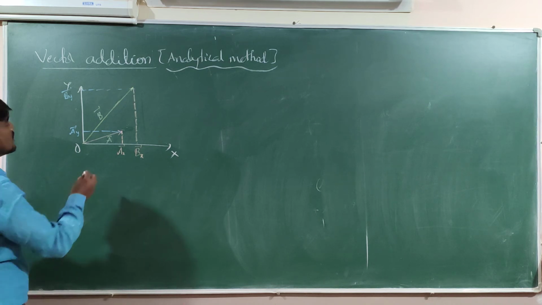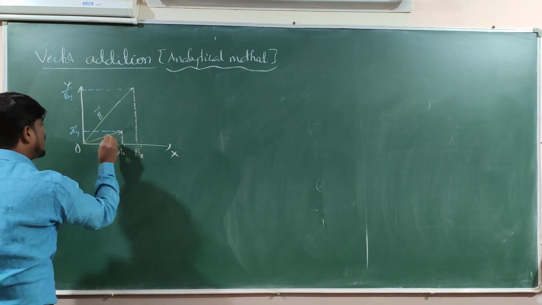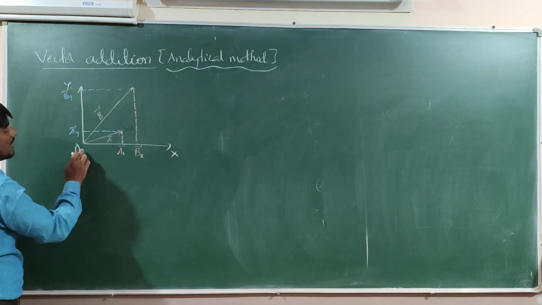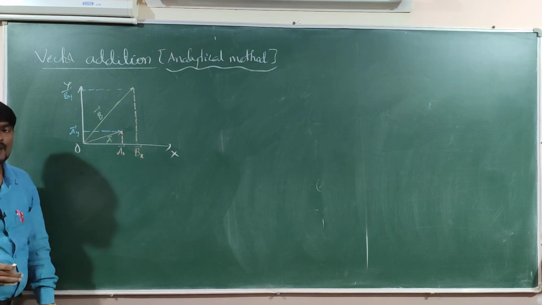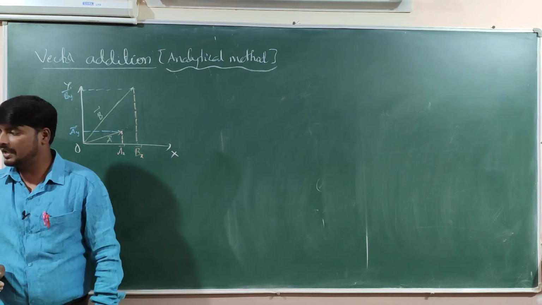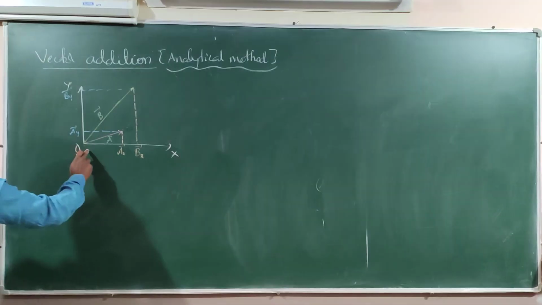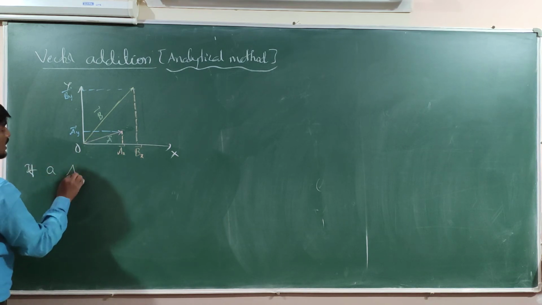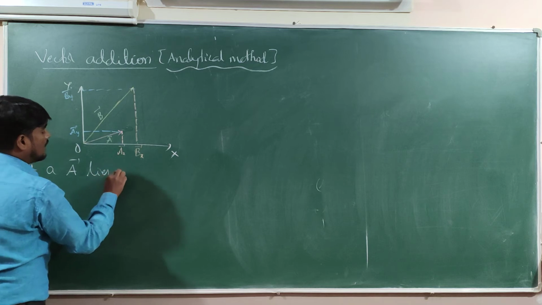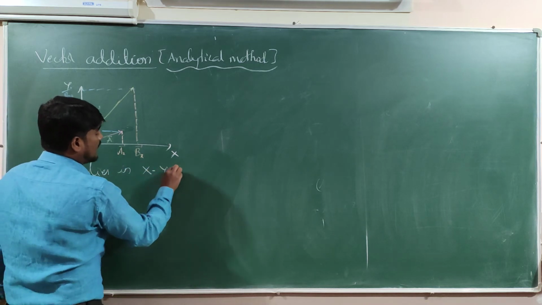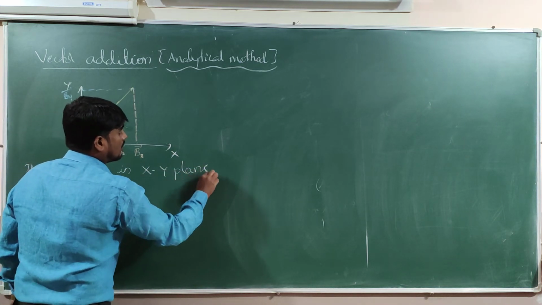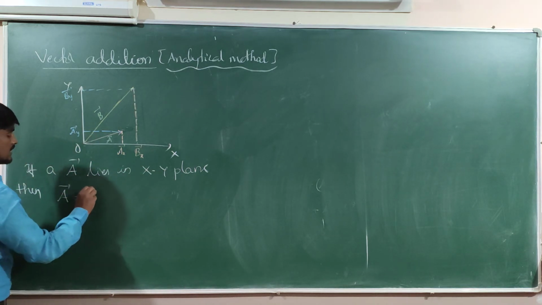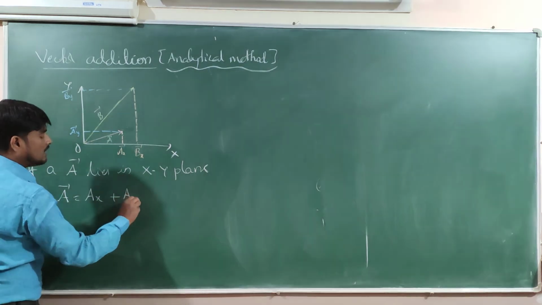Now my duty is the same, vector A, then vector B. If vector A is lying in the xy plane, then vector A can be resolved. I will write a sentence. If a vector A lies in the xy plane, then vector A is given by Ax i cap plus Ay j cap.